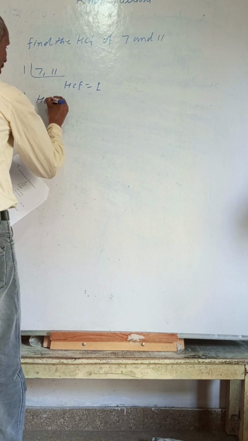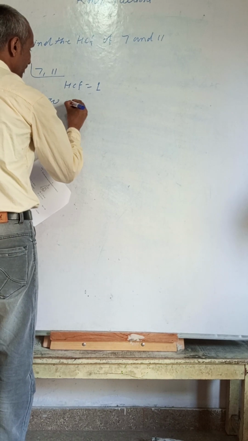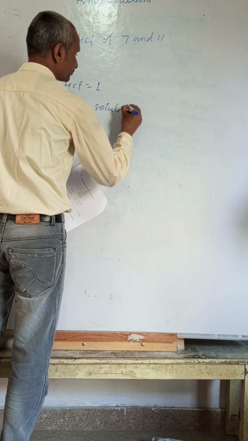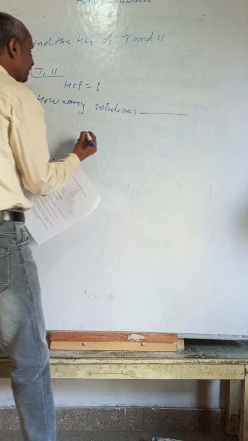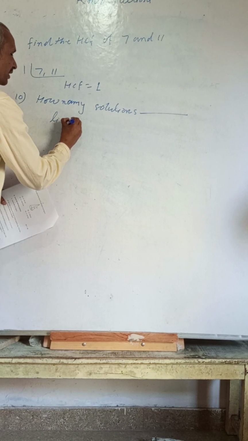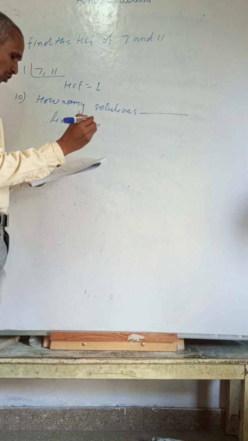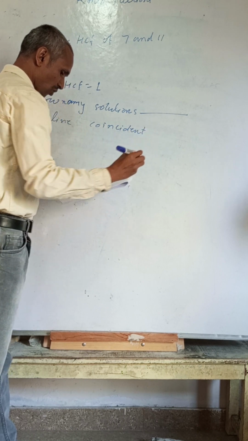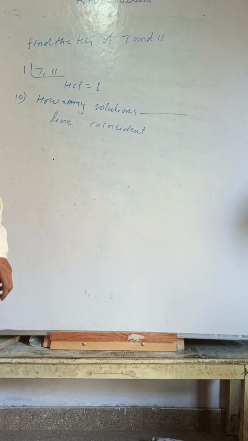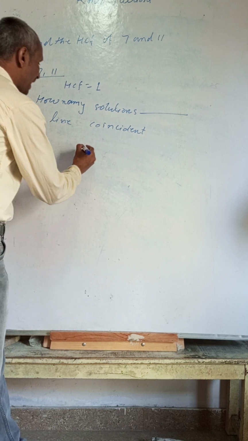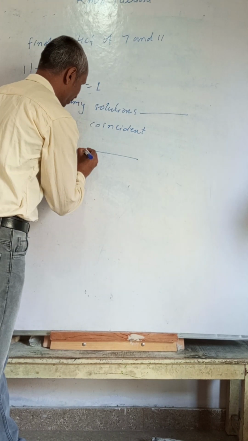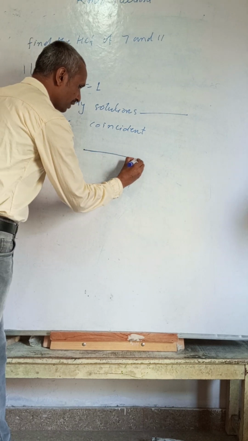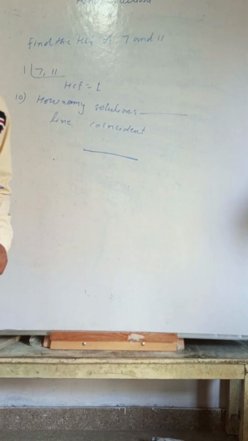How many solutions will there be if the lines are coincident lines? Coincident means one line lies upon another line. Every time one line comes on the other line. That is called a coincident line.